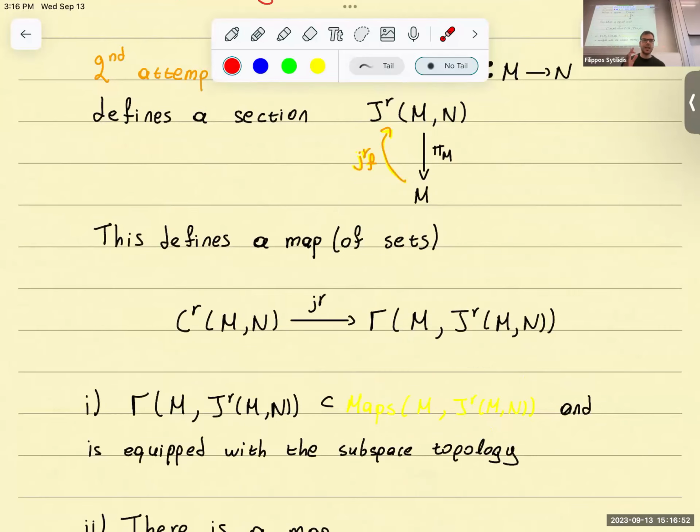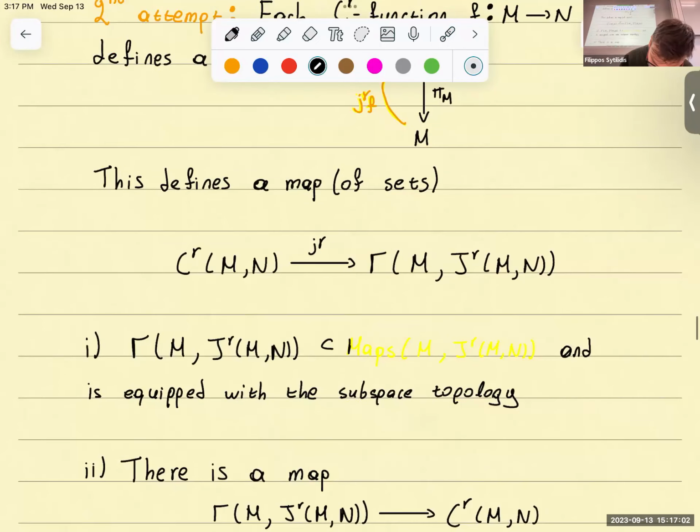Now, this right-hand side, the space of sections, does have a topology that I can naturally define because it is a subset of the space of all maps from M to J^r(M, N).